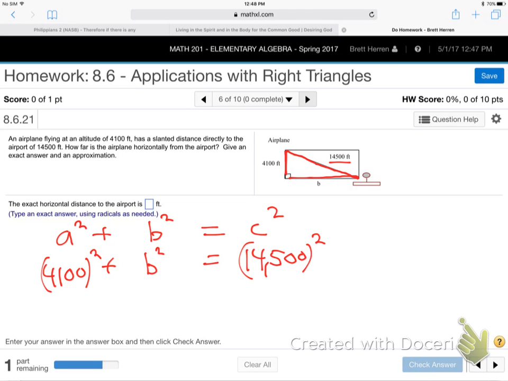Does that make sense there? They're giving me the A and the C. And I'm going to find the B. Definitely you can use your calculator. Big numbers. Unless you can do those in your head, I'd be very impressed.